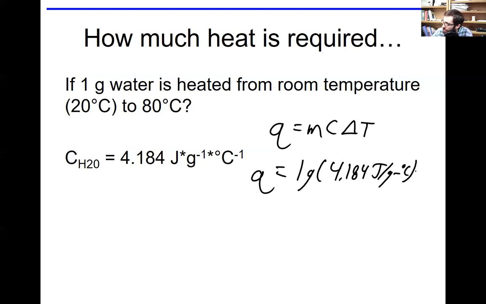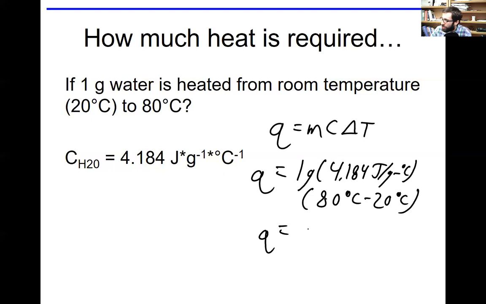And then the change in temperature was 80 degrees minus 20 degrees C. So it's just going to be 60 times 4.184 times 1 gram.